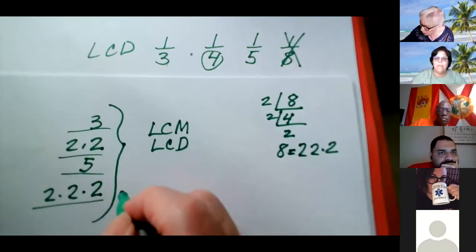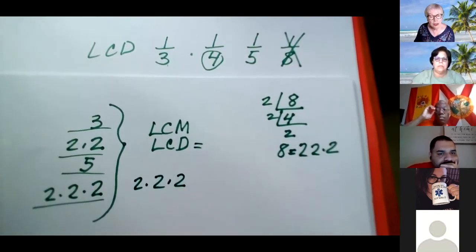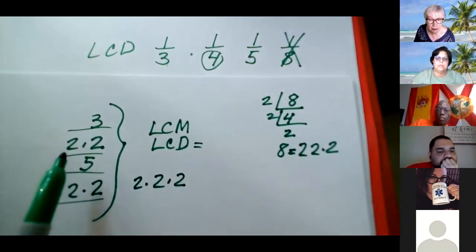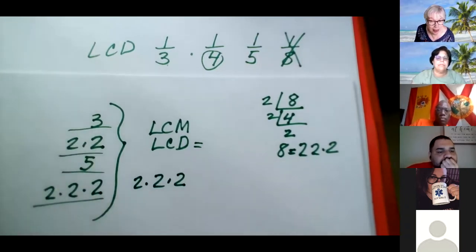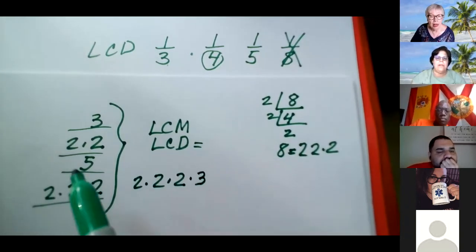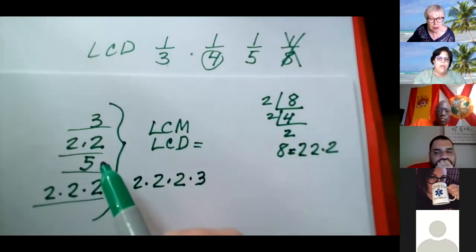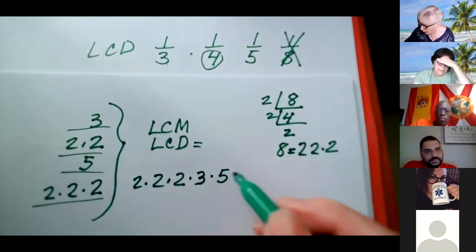And so this is the one I'm going to take. 2, 2, and 2. Which number has the most threes? This one, right? It's the only one that has threes. So the most I have would be a single. And which one has the most fives? That one, the 5, and I would take the 5.